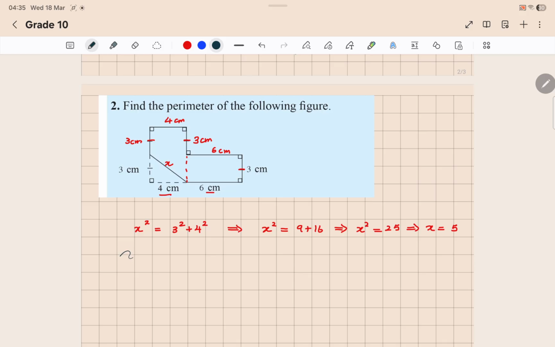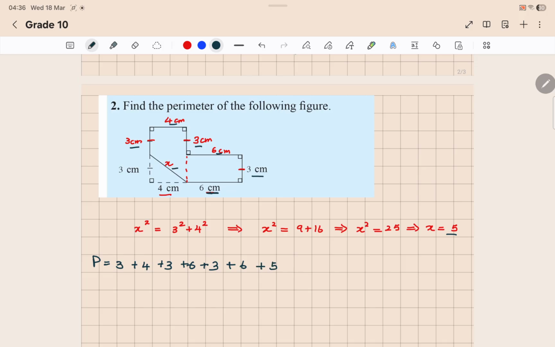So the perimeter is what? We'll start from here: 3, 4, another 3, then this 6, then this 3, another 6, then we have x, which we found as 5.